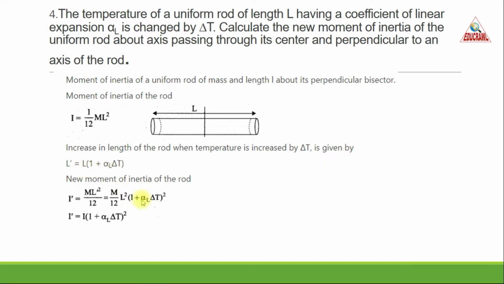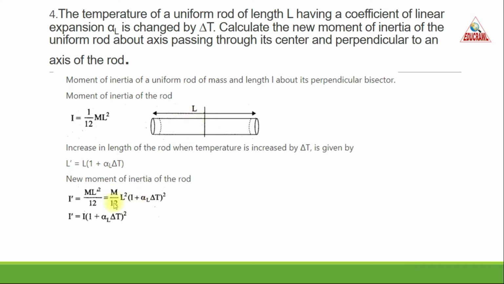So substituting we get m divided by 12 L squared into 1 plus alpha L into del T the whole squared. Now, m divided by 12 into L squared is nothing but the expression for moment of inertia of the rod before the length is increasing.